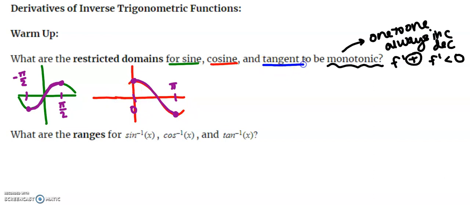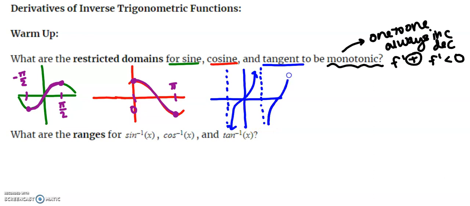Finally, tangent. Tangent has some vertical asymptotes going on. And tangent looks like this, and then it has that periodic nature to it, so it's just a bunch of repetitive stamps, right? Well, if I wanted to pick some part that was monotonic and covered the whole range, I would say one of those periods.